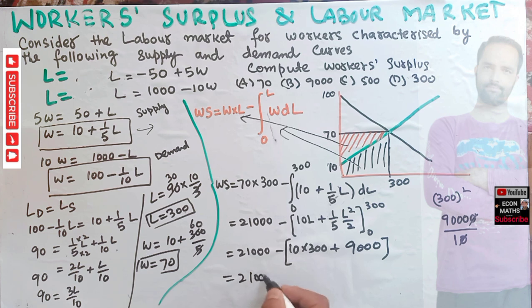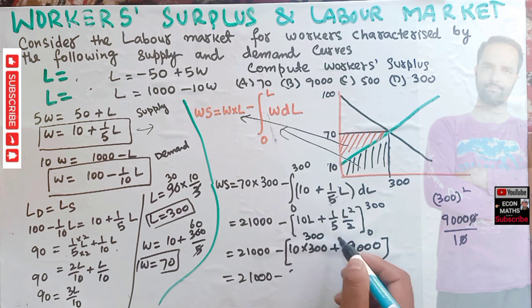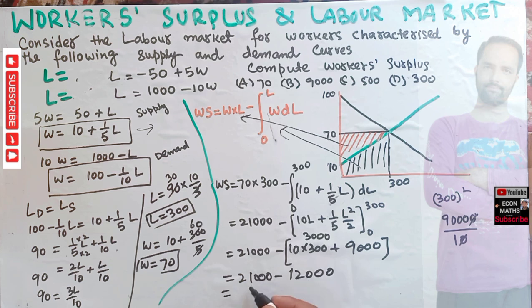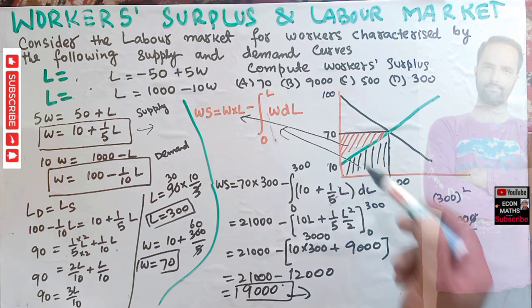So we have 21,000 minus 10 into 300, which is 3,000, plus 9,000, which comes out to be 12,000. If we subtract 12,000 from 21,000, we get 9,000. So our worker surplus will be 9,000.